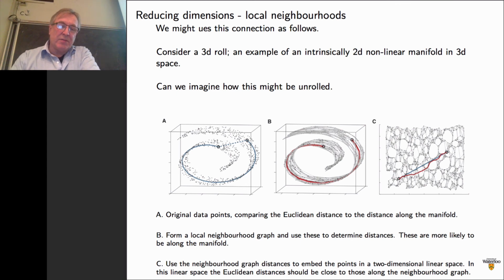This distance here between these 2 points, that Euclidean distance, doesn't seem like the right distance. If I were an ant on this manifold, I can't jump across this chasm. I'm going to walk around here to get there. So the real distance between these 2 points is following that manifold.